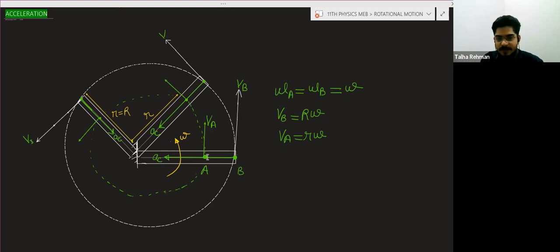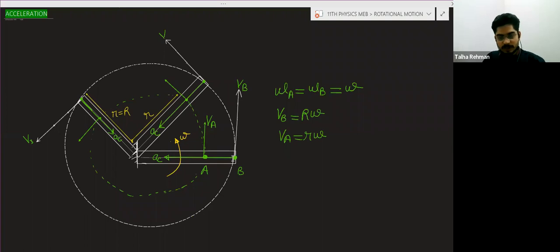For this particle there will also be centripetal acceleration, because this particle is also rotating in a circular path, and the direction of the velocity is changing, and centripetal acceleration is due to change in the direction of the velocity. So for this particle also there will be another centripetal acceleration.